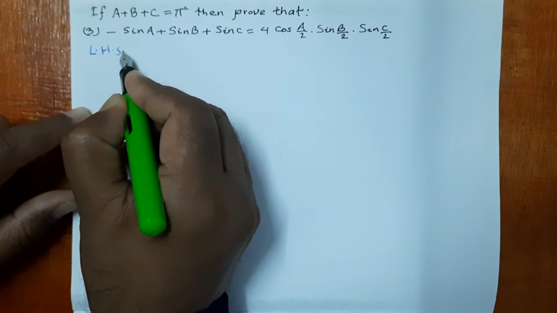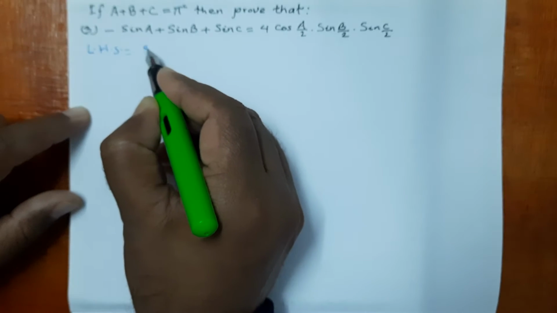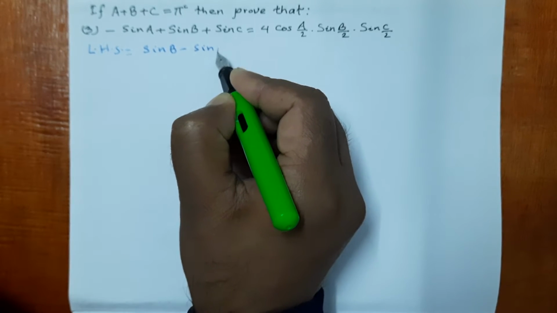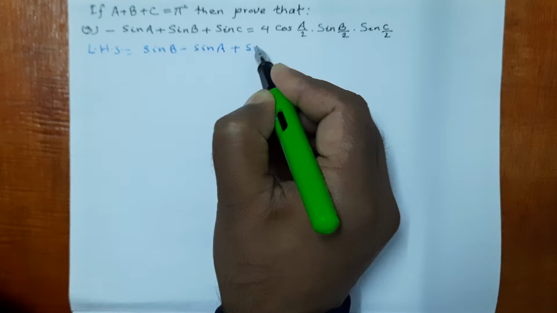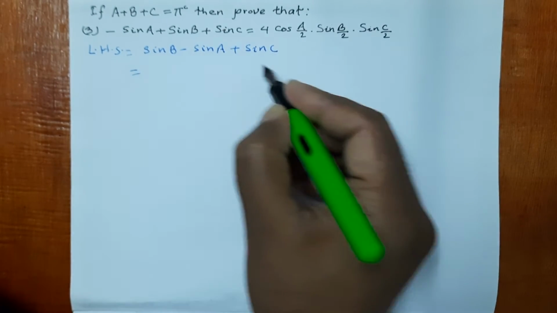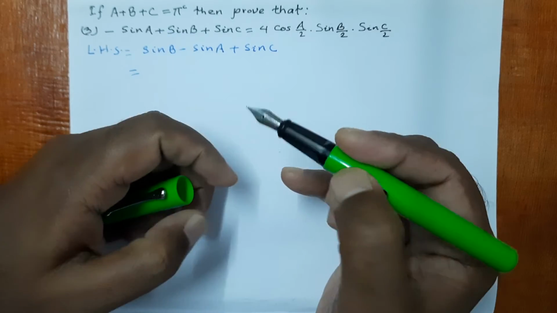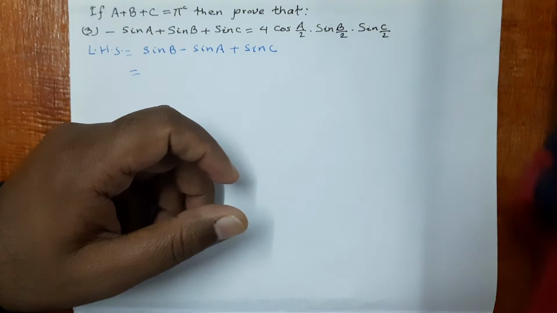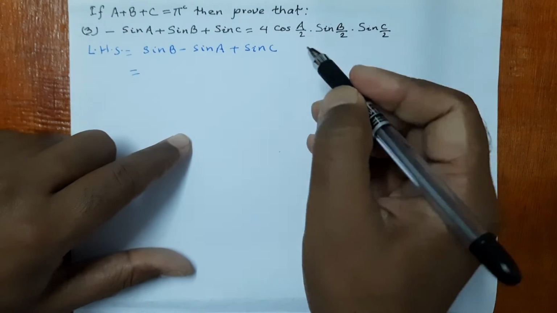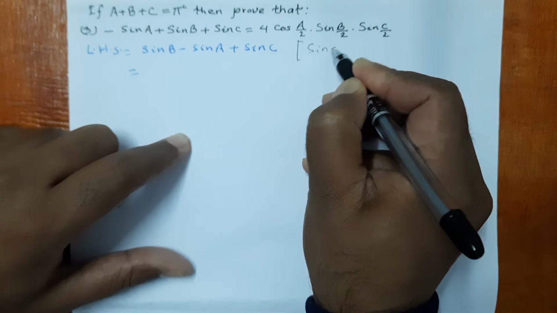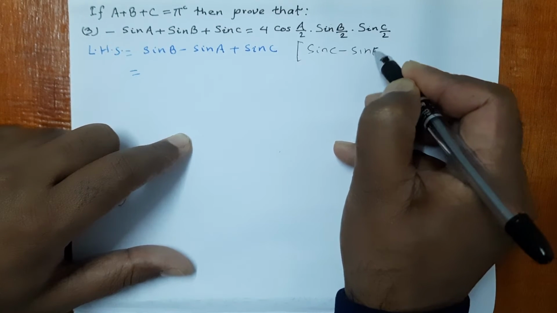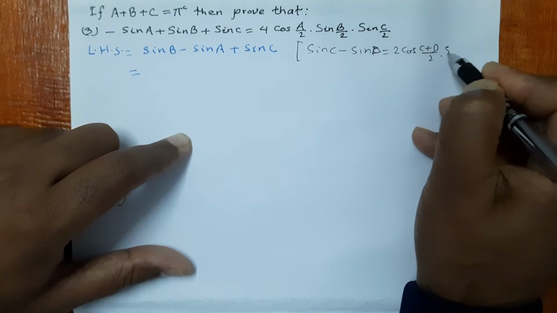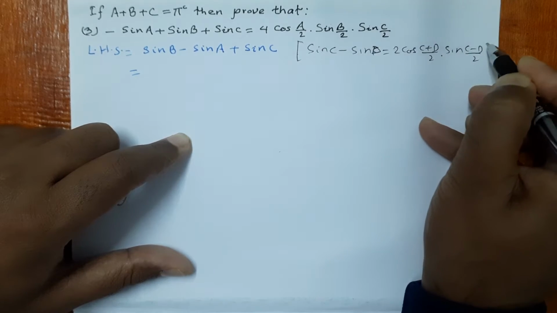LHS equals, we can write this as sine b minus sine a plus sine c, and we can use the sine C minus sine D formula. The formula for sine C minus sine D is 2 cos C plus D over 2 times sine C minus D over 2.